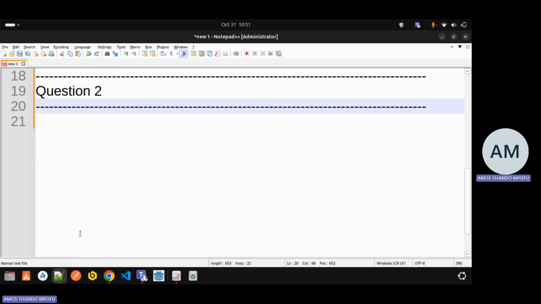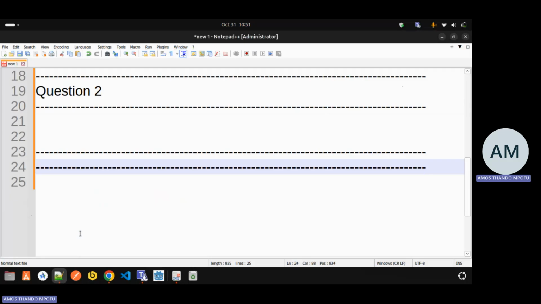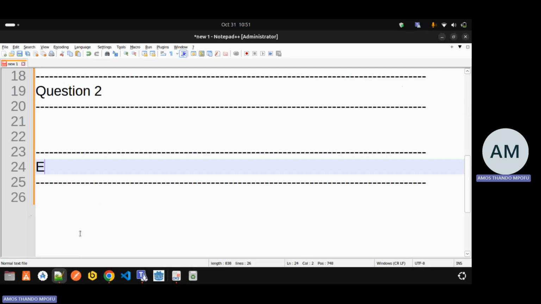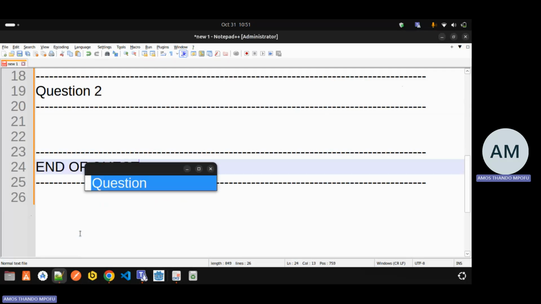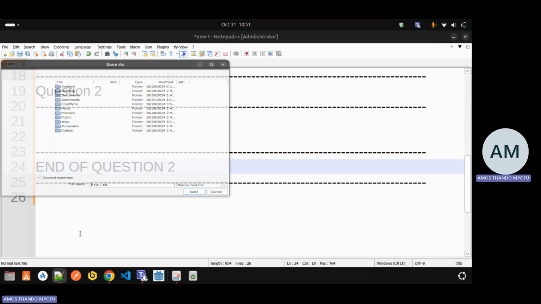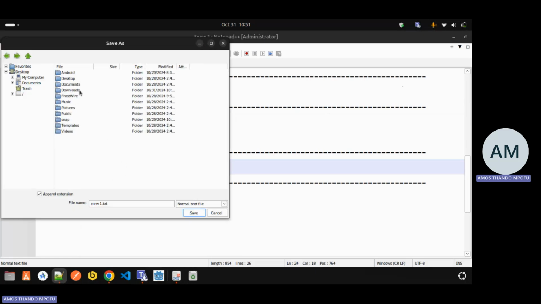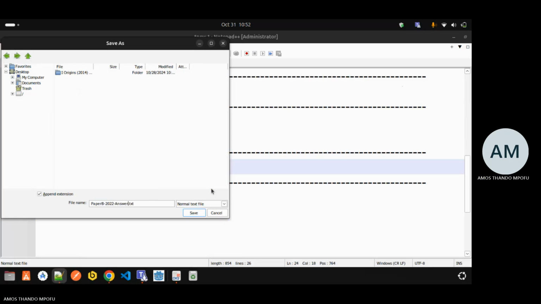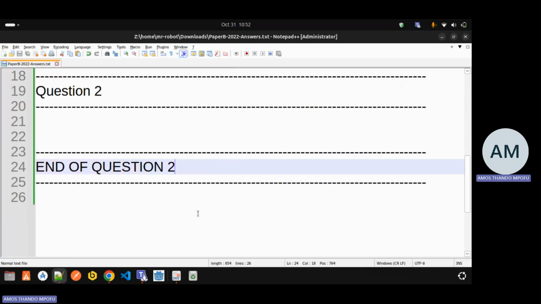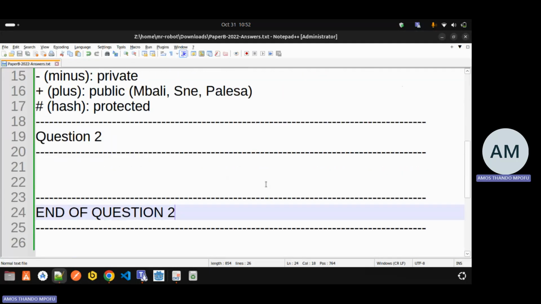And then I'm going to put this, and then I'm going to specify this is the end of question two, so that you can tell the difference. So this is paper two, or paper B, 2022 answers, right? And then save as a normal text file, right?